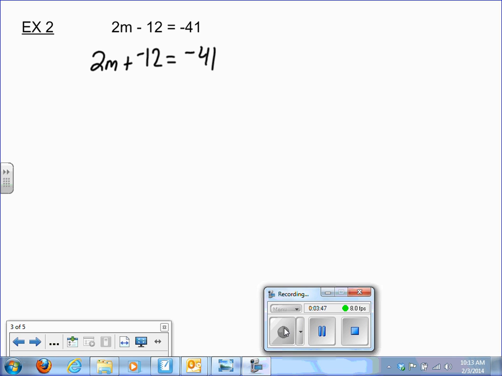Good. So this is what I want to see, and I want you to write that down. Change all subtraction to addition. Addition of the opposites. All right.